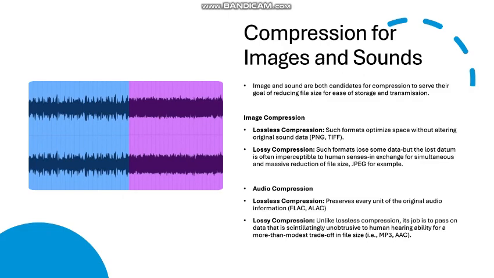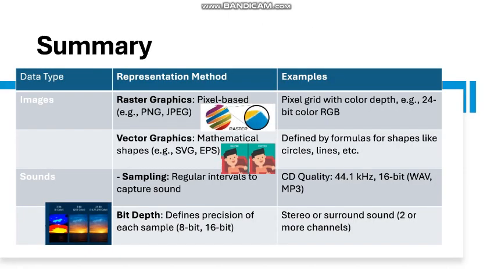Lossy compression: such formats lose some data, but the lost data is often imperceptible to human senses, in exchange for a massive reduction of file size. JPEG for an example.